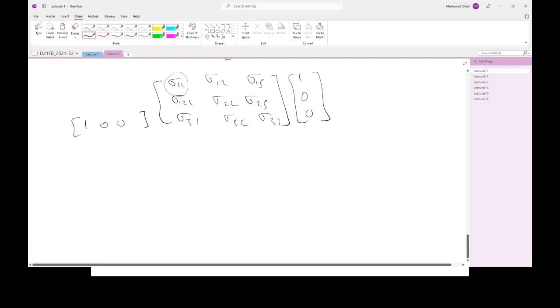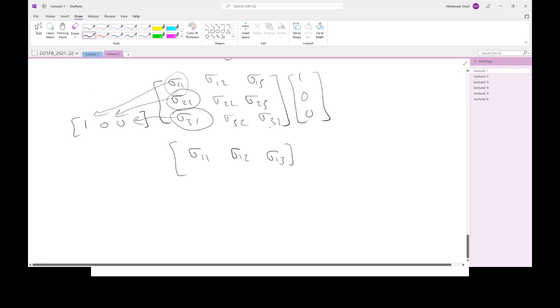Sigma 11 multiplied by 1, sigma 12 multiplied by 0, sigma 13 multiplied by 0, and the summation will be written here. So it is sigma 11 added to 0, added to 0, it is sigma 11. Sigma 12 added to 0, added to 0 is sigma 12. And sigma 13 added to 0 and added to 0 is sigma 13.